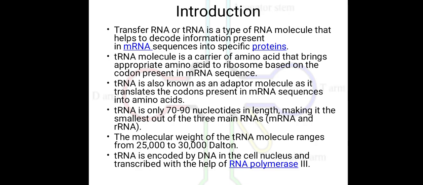Now this transfer RNA or tRNA molecule, which is a type of RNA molecule, is responsible for the decoding of the codons which are present on the mRNA molecule during the translation process.